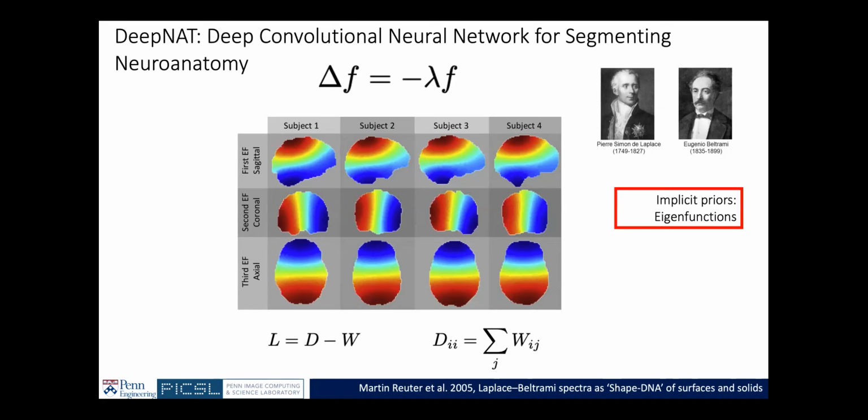The benefit of these eigenfunctions is that they give the network an implicit representation of what is the left hemisphere and what is the right hemisphere. So it defines a coordinate system, right? And once you have a coordinate system represented in the network, you know that this is the left part and this is the right part. So that's the key takeaway, how to give information into the network.